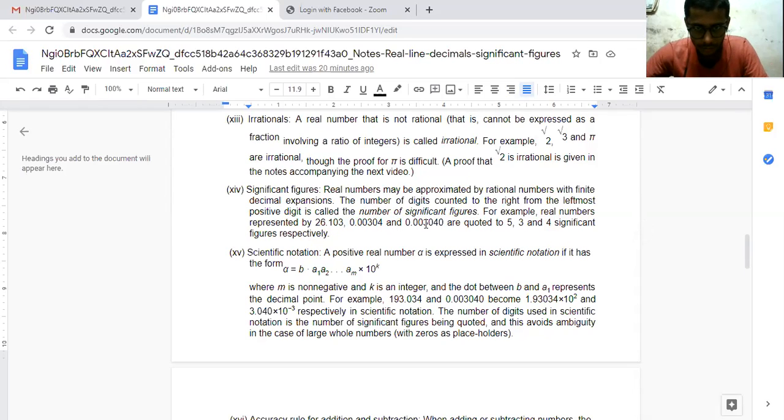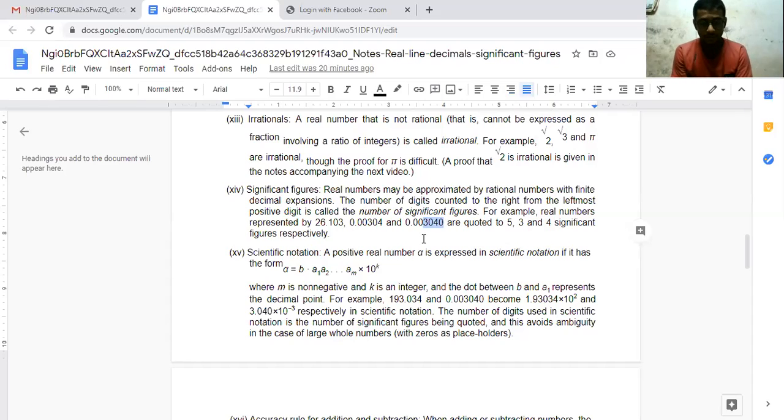All right. So I hope you understand what a significant figure actually is, because when I was in lower classes, maybe 11, 12, studying for NEET, I was unable to understand it.